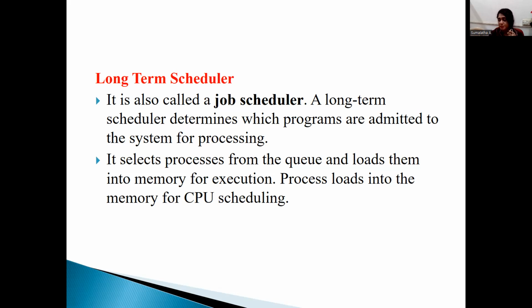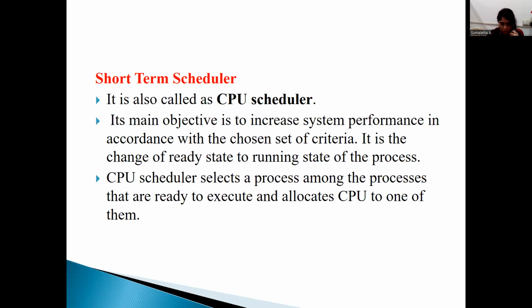It is very important that on a long-term basis, it selects only those processes that need to be executed and that it is very sure have to be executed. The next thing is the short-term scheduler, also called the CPU scheduler.